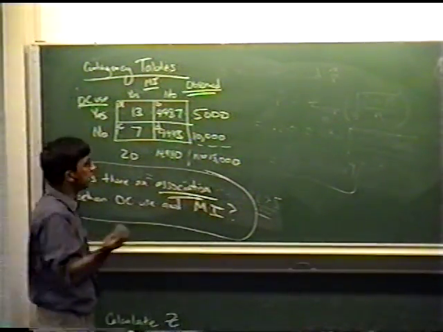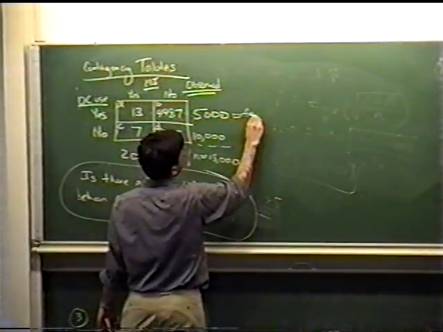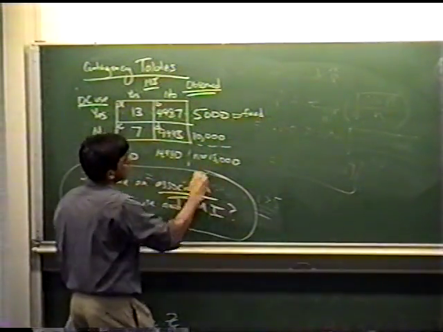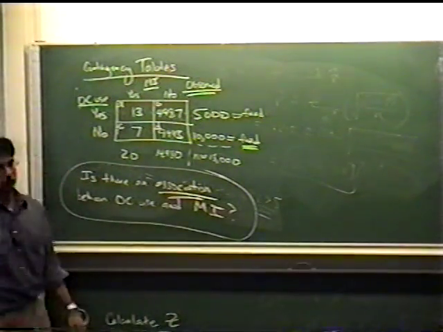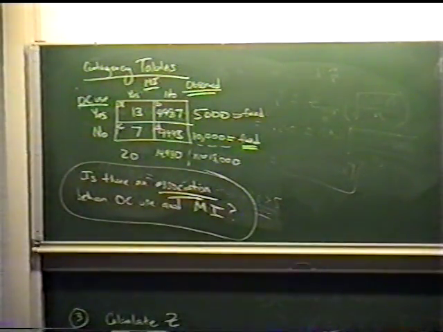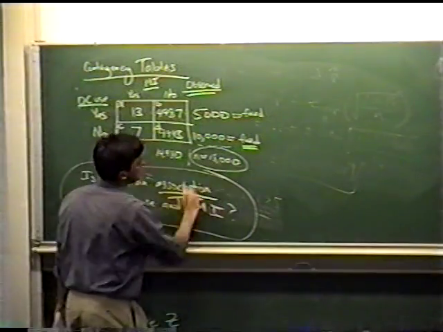But some of these are just fixed numbers. Like this is a fixed number. They chose 5,000 oral contraceptive users and 10,000 non-users. So these numbers are fixed. Those three there.